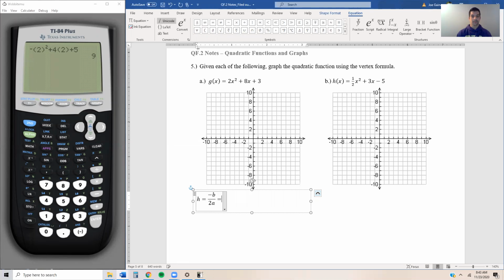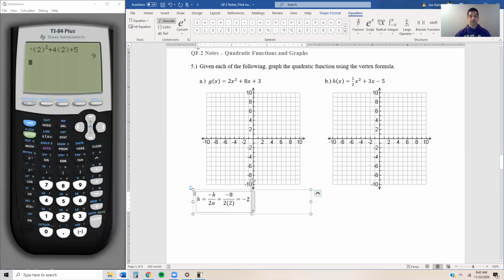If I want to substitute into that, my b value here for g of x is 8. So I would have negative 8 over 2 times my a value, which in this case is 2. So negative 8 over 2 times 2, or negative 8 over 4, would be negative 2.